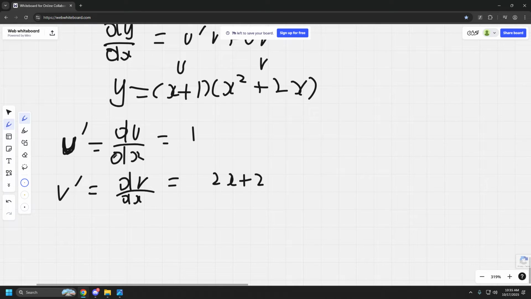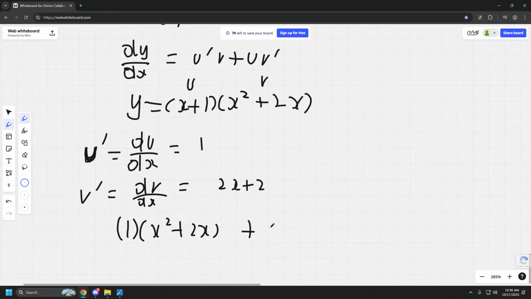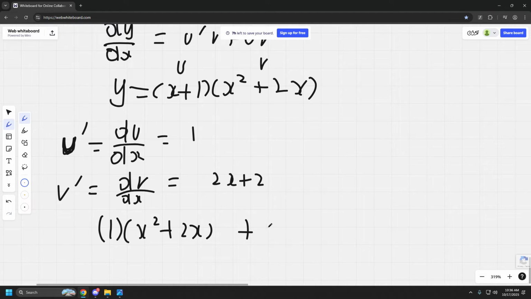Anyway, so we would just do u prime times v, which is 1 times (x squared plus 2x), plus u times v prime, which is (x plus 1)(2x plus 2).